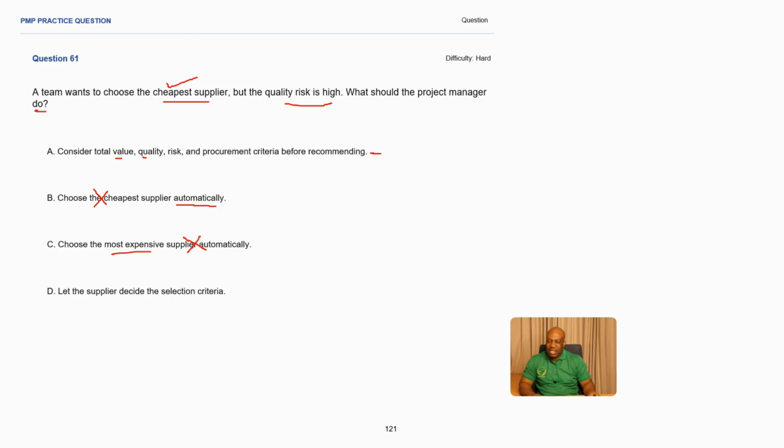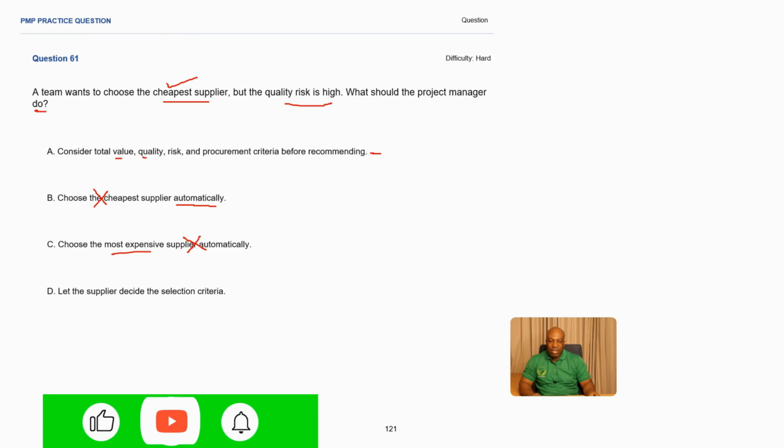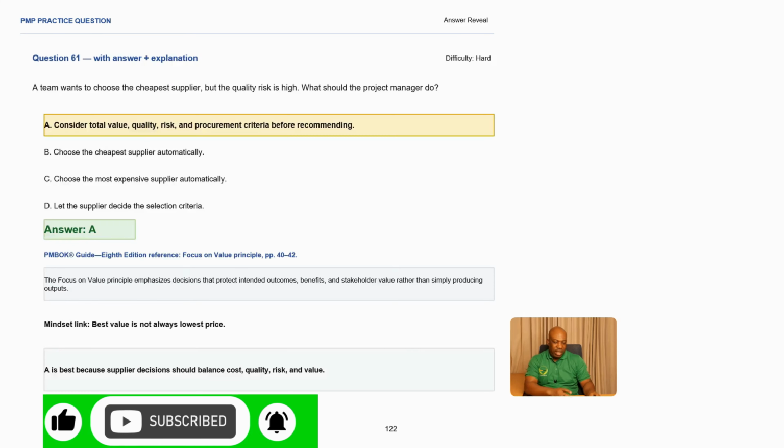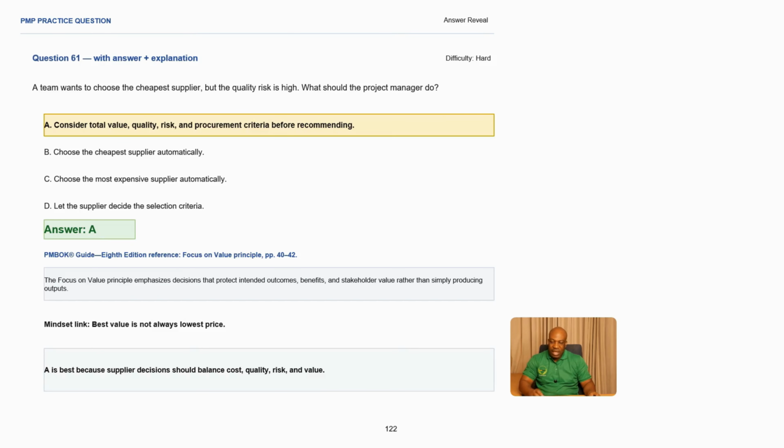D, let the supplier decide the selection criteria. Supplier cannot decide on behalf of the client. So as a project manager, you're the one who is supposed to do this, making A the best answer in this scenario. So you need to consider total value, quality, risk, and also procurement criteria before recommending anything to do with supply.